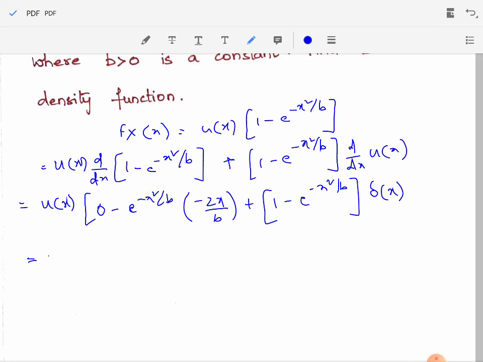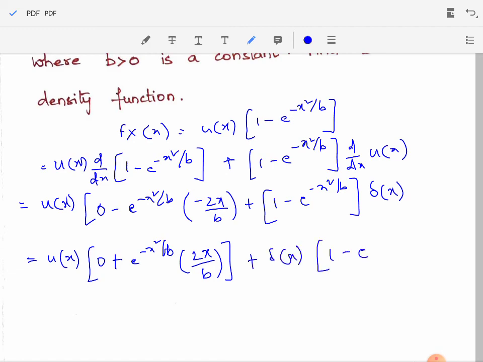Simplifying, u(x) times e^(-x²/b) times 2x/b plus delta(x) times (1 minus e^(-x²/b)).